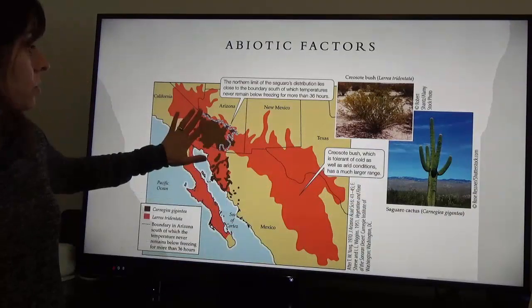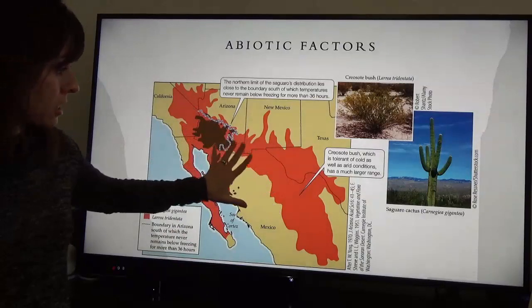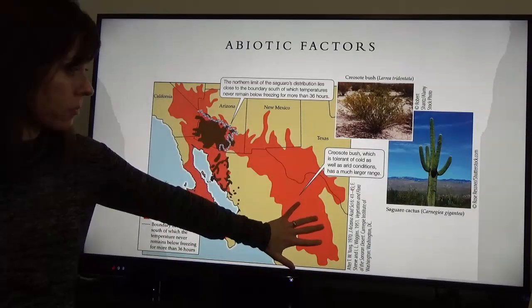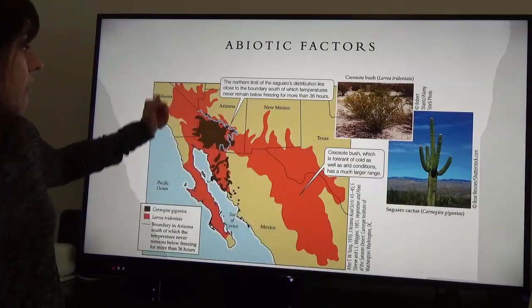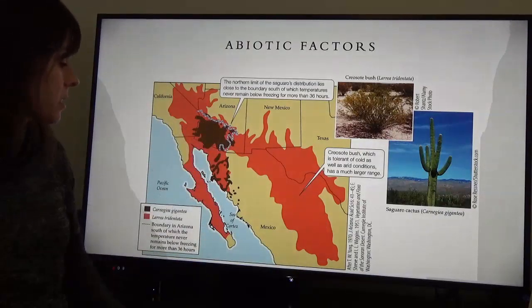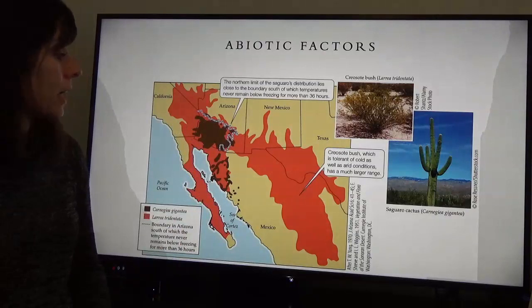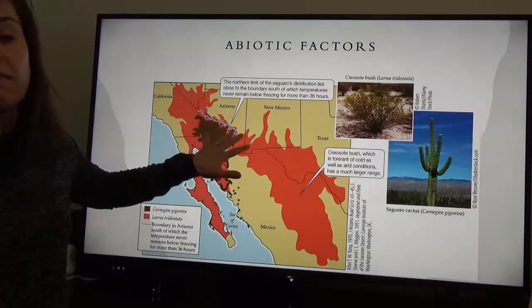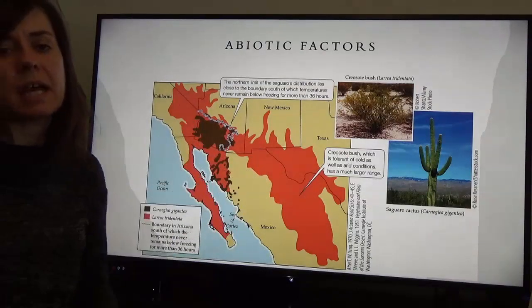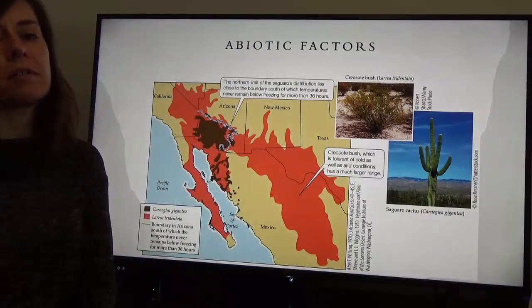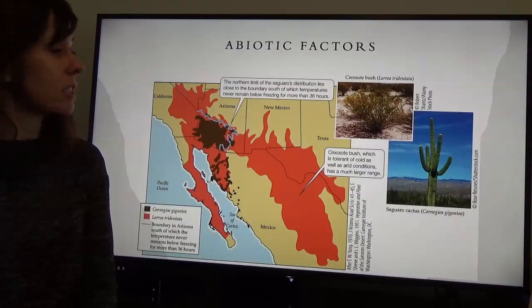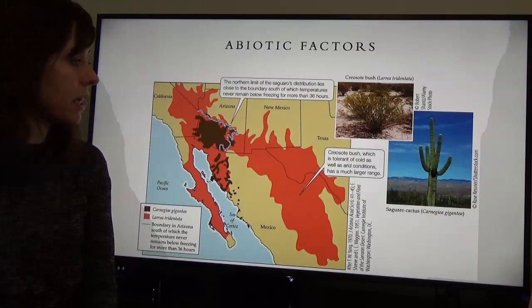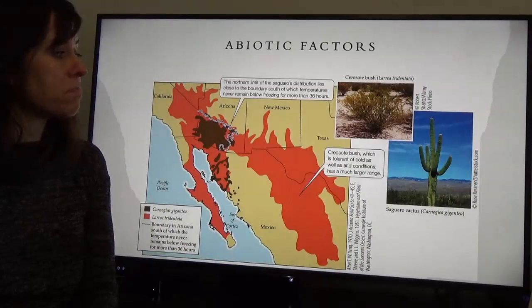Okay, so the creosote bush extends both further south and further north than the saguaro cactus. Both of these species, in this very arid environment, have a tremendous tolerance of arid conditions, and they do this using different physiological mechanisms.